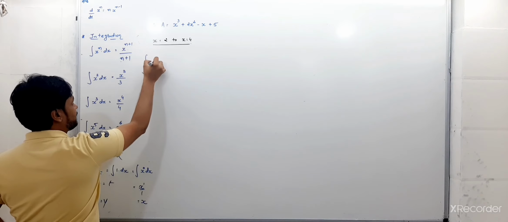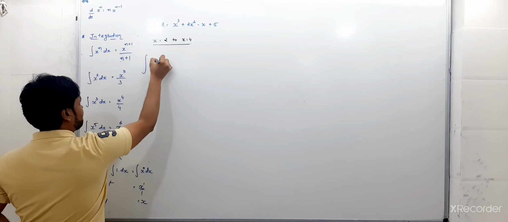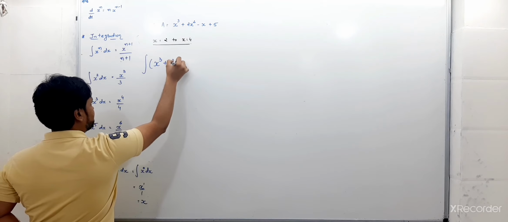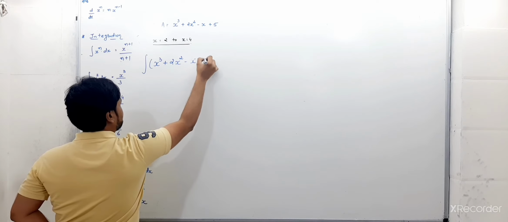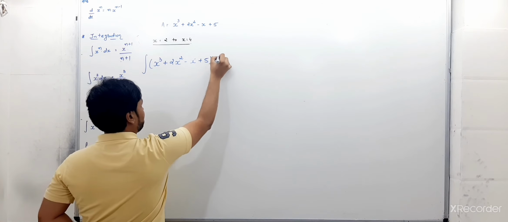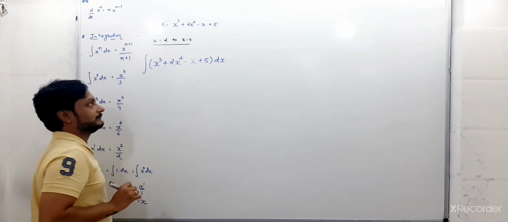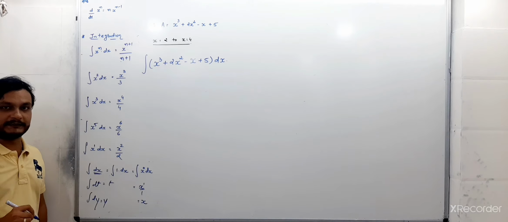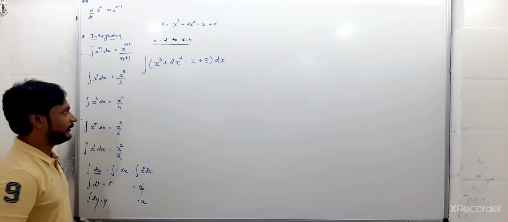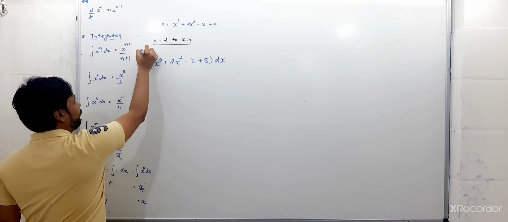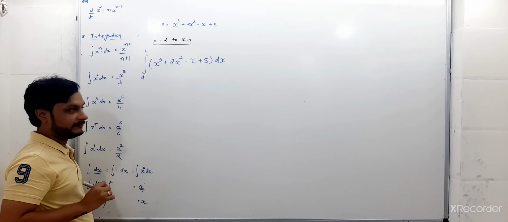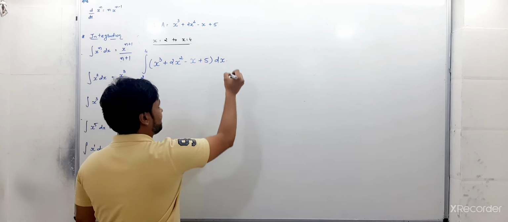So in integration, x cube plus 2x square minus x plus 5 into dx. This is the thing. Now we have to integrate it from 2 to 4. Right? So now take the integration procedure.